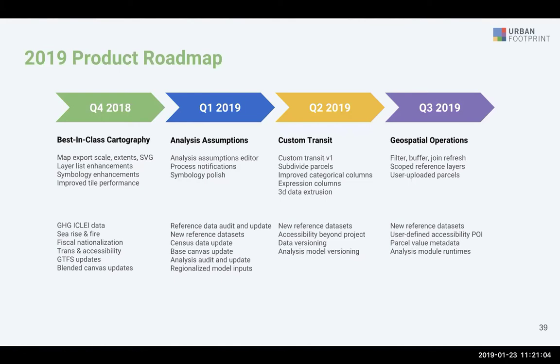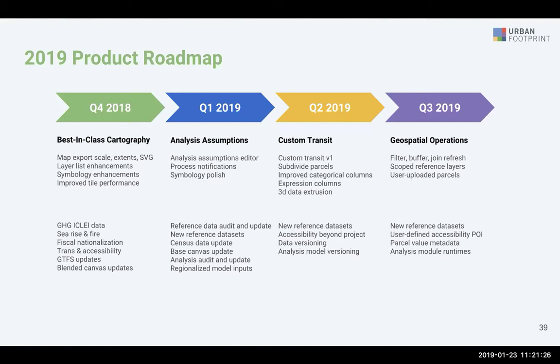And we're really going to shore up things like categorical columns when you have a lot of entries, say hundreds or even thousands of entries for a given column in UrbanFootprint that you want to map or do analysis on. We're going to make that a lot more usable and remove limitations there. We will also add this notion of expression columns, which is the idea of calculation.